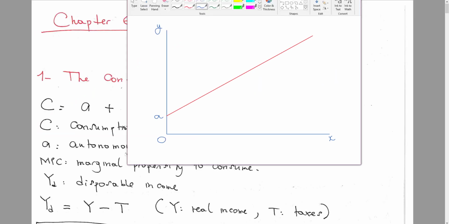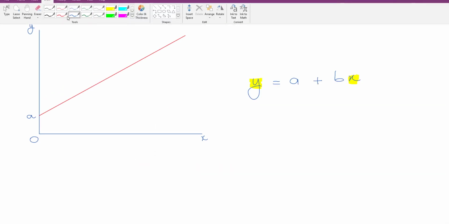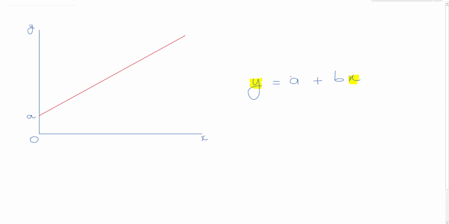Now, this value here is a special value in this function that we call the intercept, because this is the value that y has when x is equal to 0. So try to visualize it. When x is equal to 0, this term here goes away, and then y is equal to a.